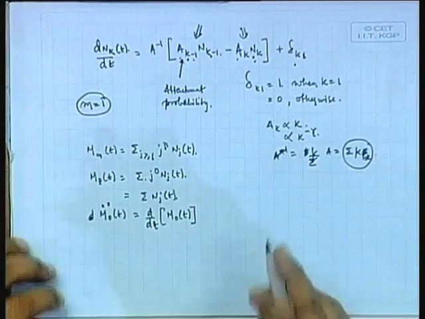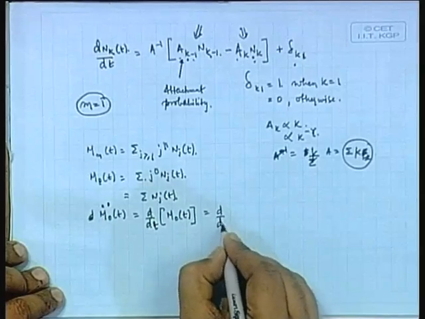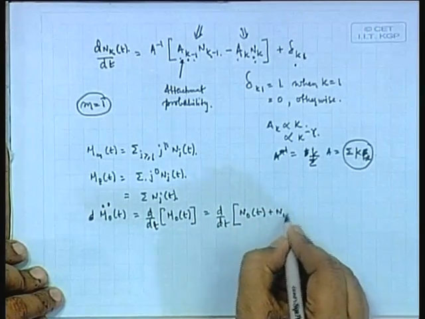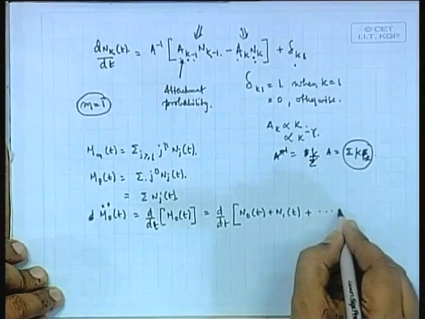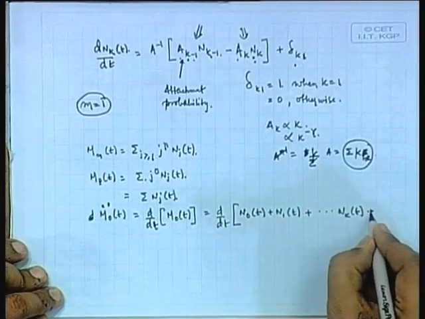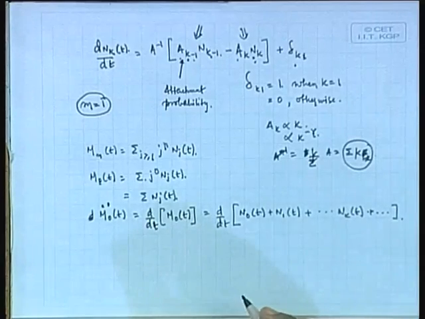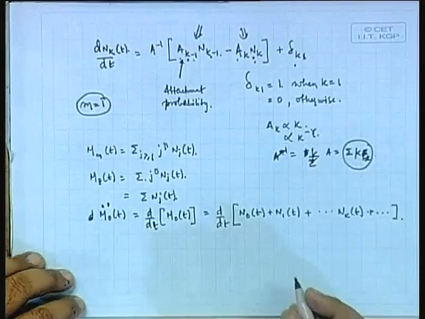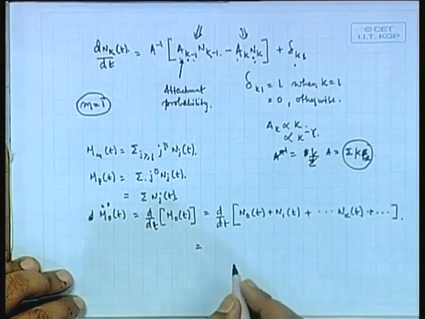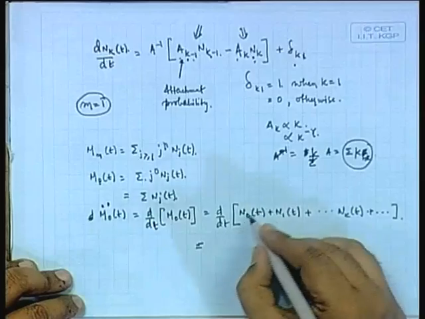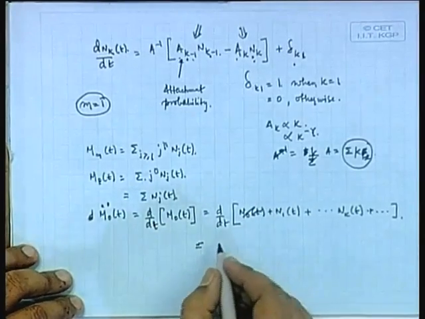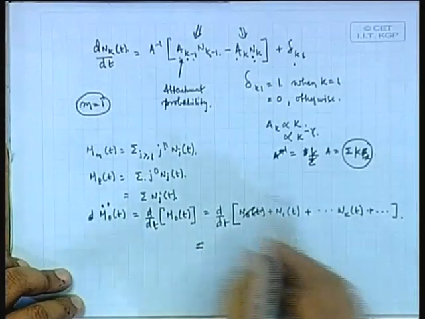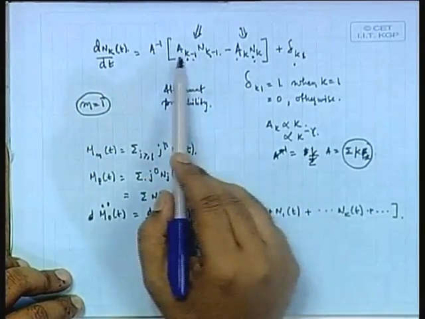So, this is equal to d dt of n0 t plus n1 t plus nk t. So, now write. n0 is not there, there is n1. Okay. What can you write? So, as you go on adding, see everything goes.